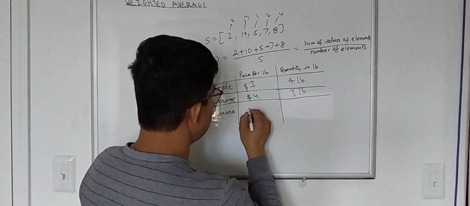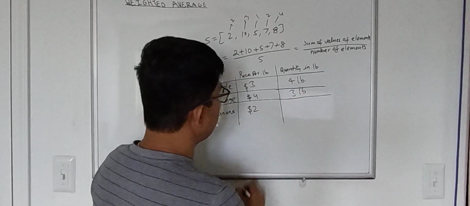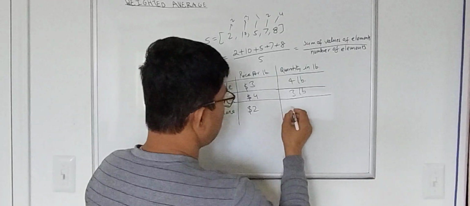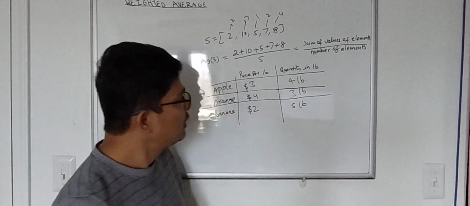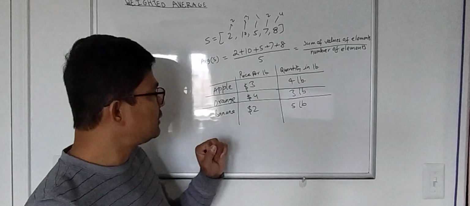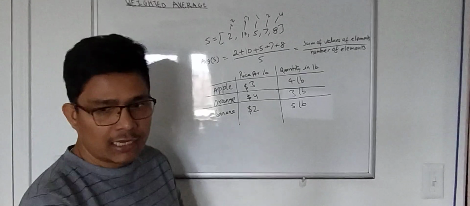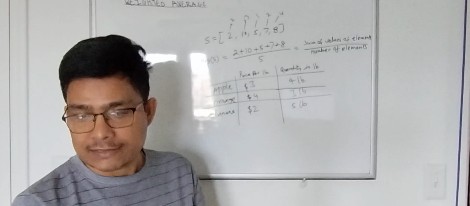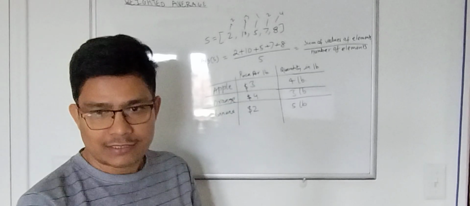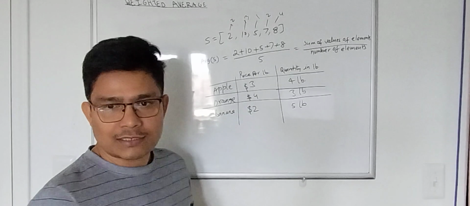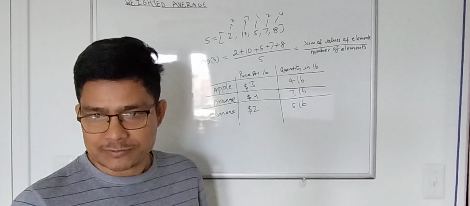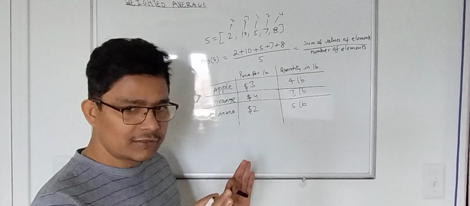And banana is $2 per lb, and you purchase 5 lb, okay? Now if I ask you, what is the average price for the fruit you purchased, okay? So for such scenario, the concept of weighted average comes into the picture. Now you understand what is the weighted average?